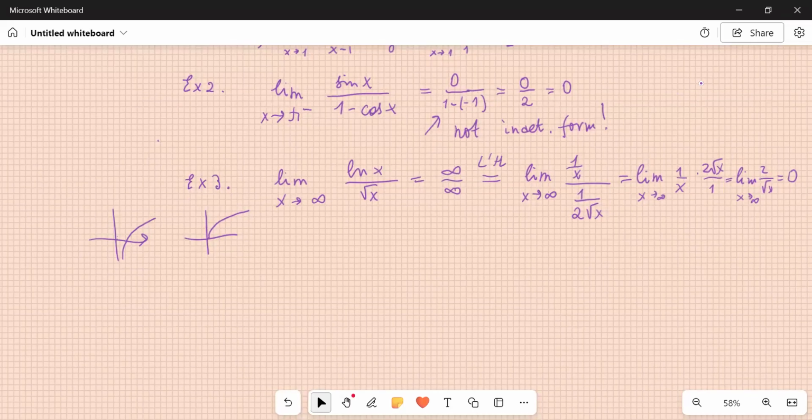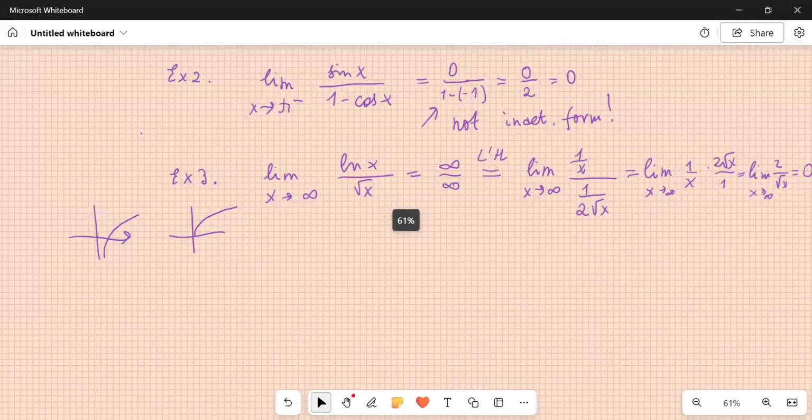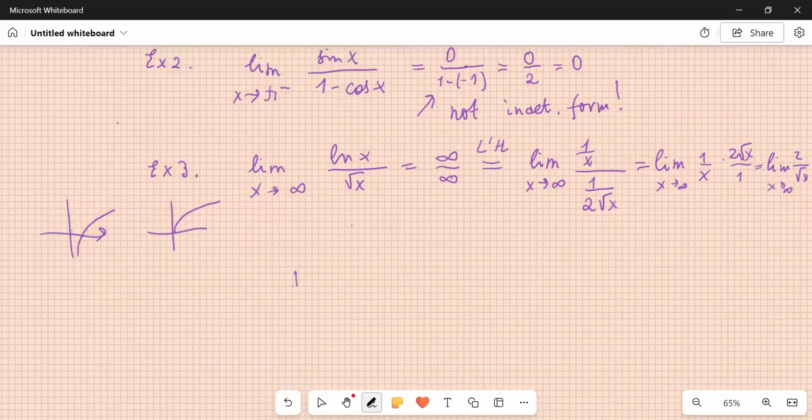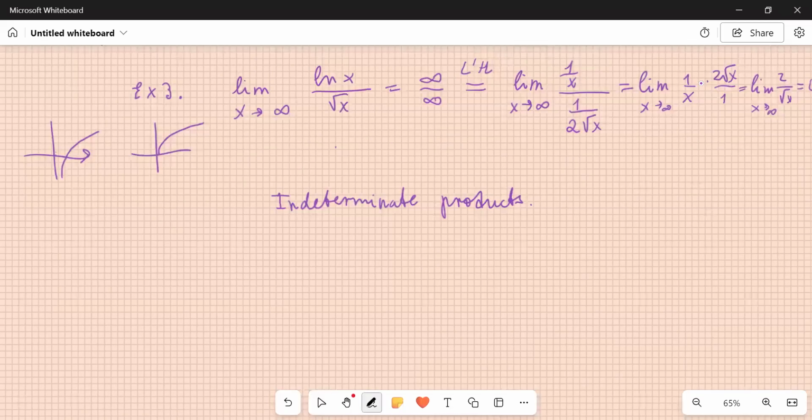Now, we are going to move to indeterminate products. Indeterminate products are a little bit more complicated, and they are going to look like this: limit of f of x multiplied by g of x.